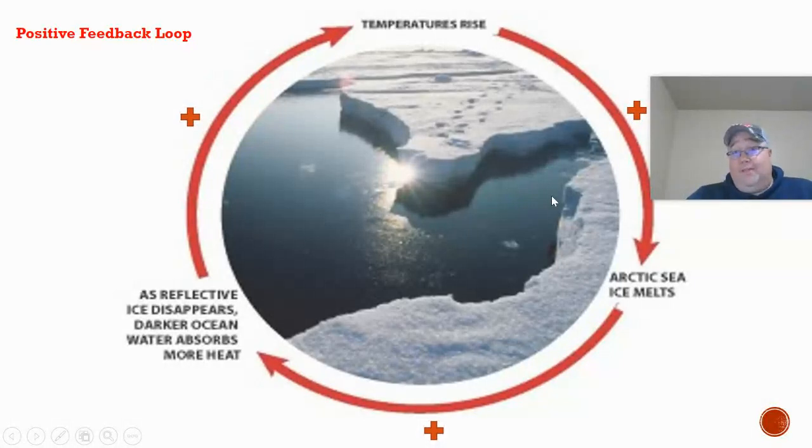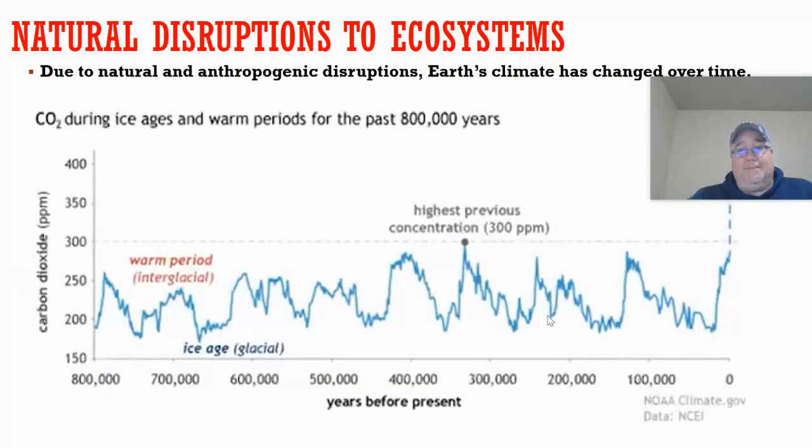The only way that this is ever going to stop is if we stop putting carbon dioxide into the air, because that's essentially what's causing this whole cycle to continue. The only way to get out of it is if we cool down the planet, and anthropogenically we're doing this. If this was a natural thing, I'm going to go back real quick to this slide.